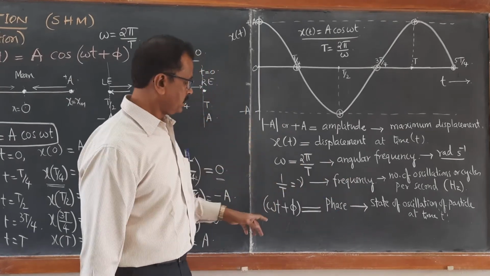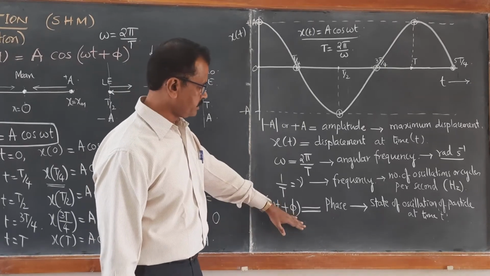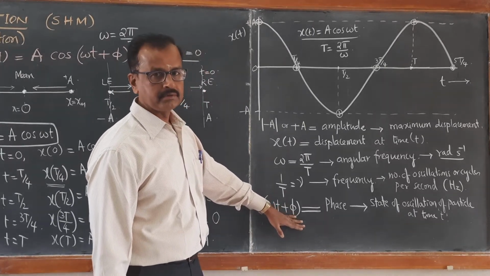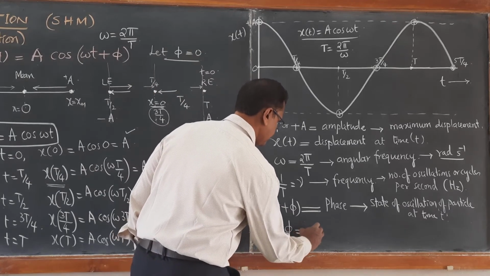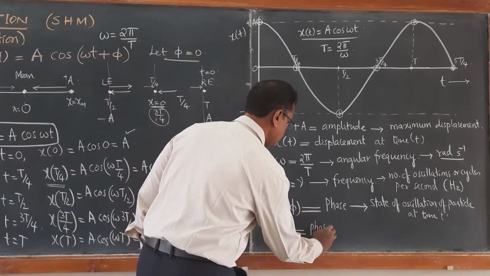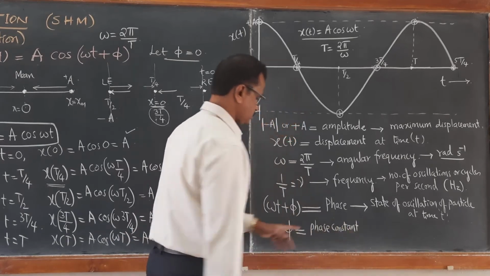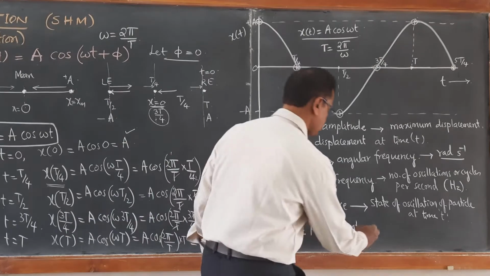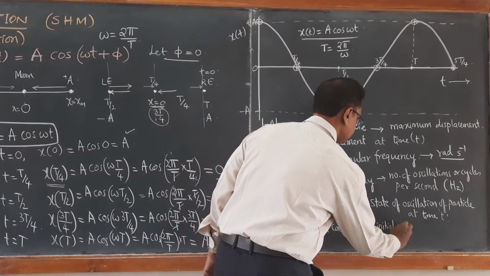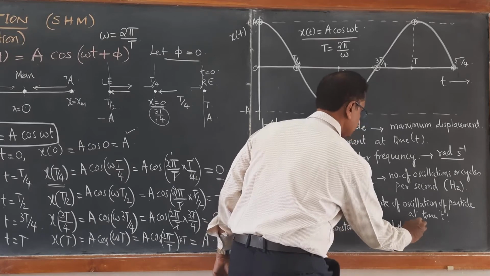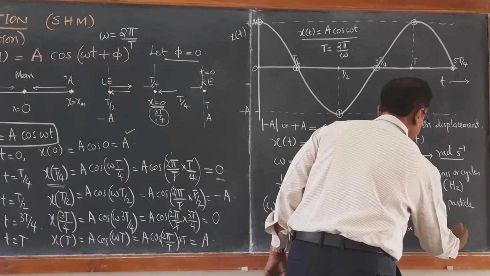For example, at time t equal to 0, we have assumed phi equal to 0. So phi is called the phase constant, or also the initial phase, at time t equal to 0.